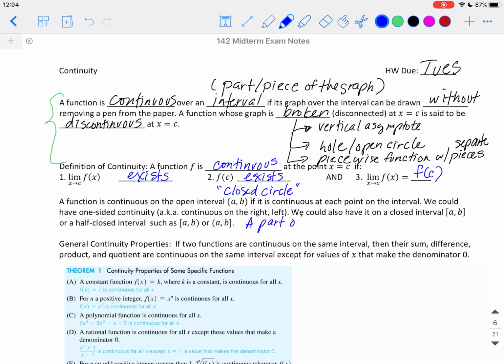A part of a graph can be continuous even though the entire graph is discontinuous.